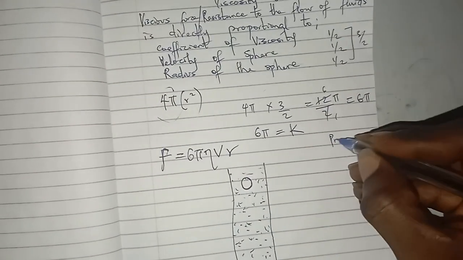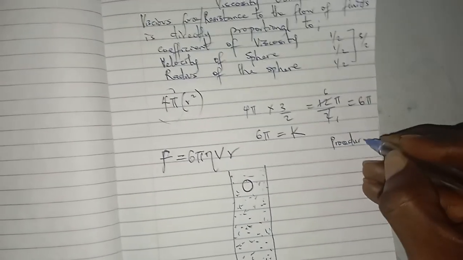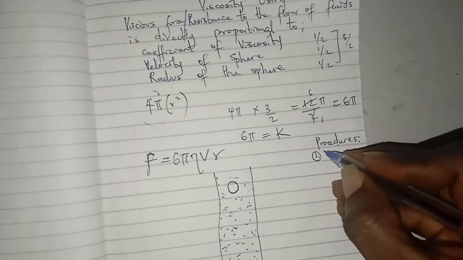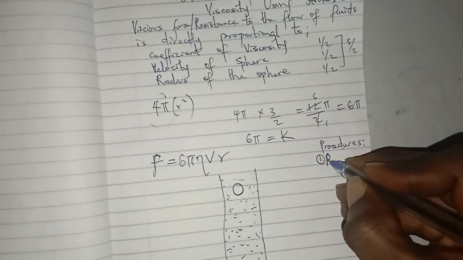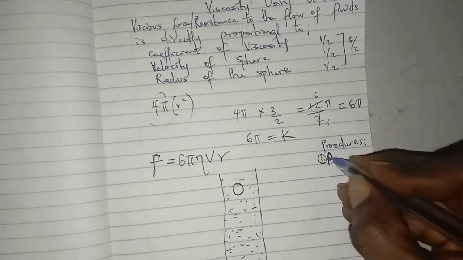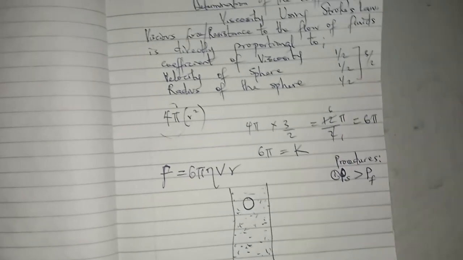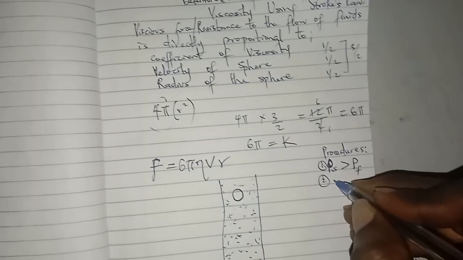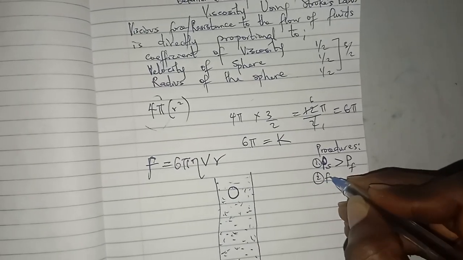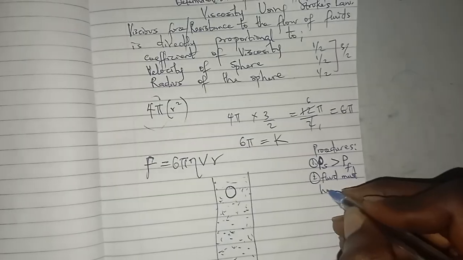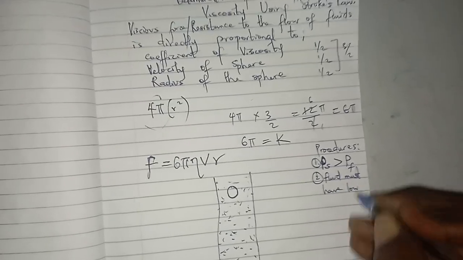And you need to note that one of the procedures is that one, the sphere's density, or the rho of the sphere, must be greater than the rho of the fluid. And two, the fluid used must have low velocity.